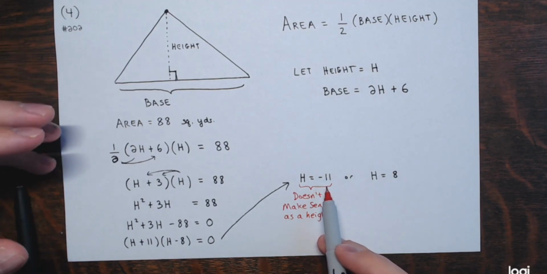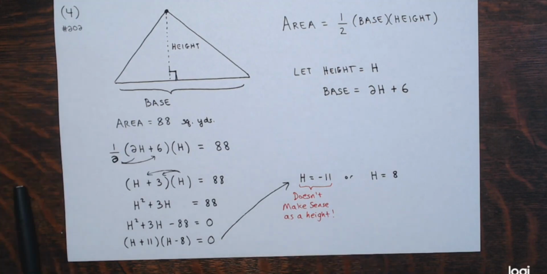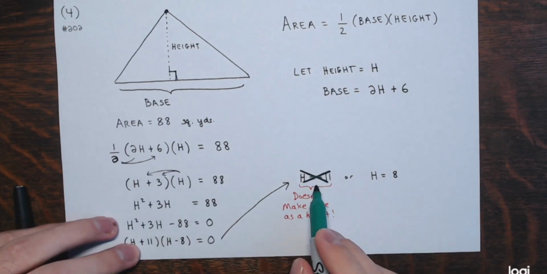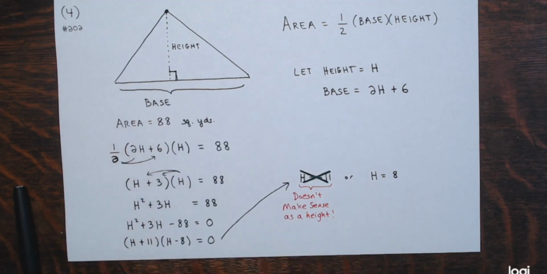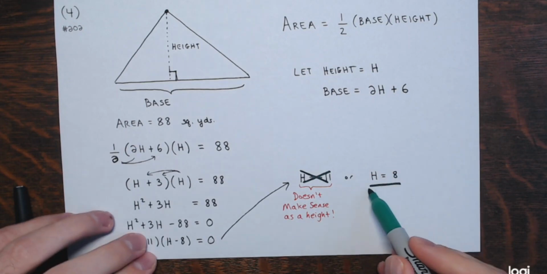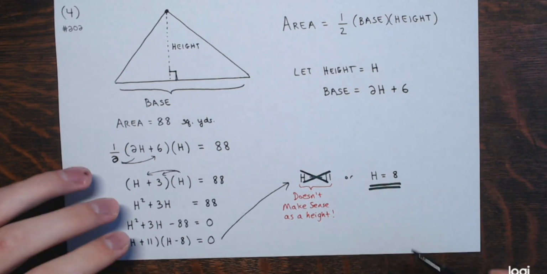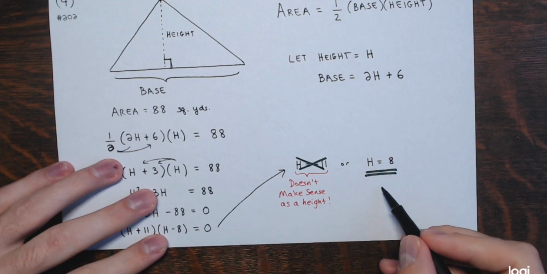These are lengths. Lengths should be non-negative. So I'm going to eliminate negative 11, not because it's not a solution of the equation, but because it doesn't make sense in the context of the problem. I hope that you understand that. So the only one that does make sense is this one, having a height of positive 8. So now I can answer the question.